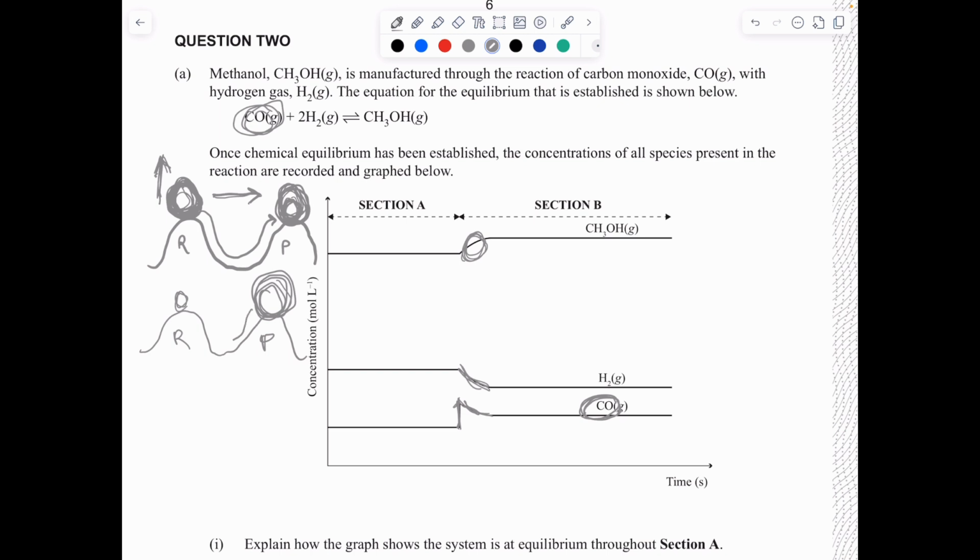It would go to the left, because we want to use up the added products to decrease this stuff and increase this stuff. And that's how we even things out and make things reach equilibrium.